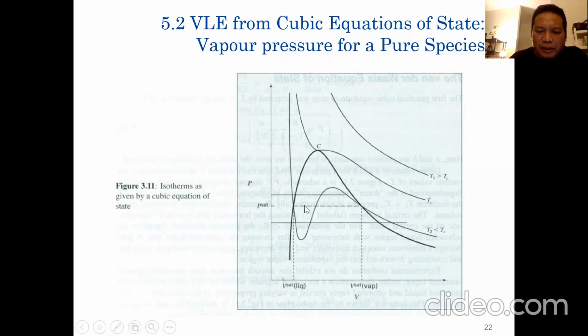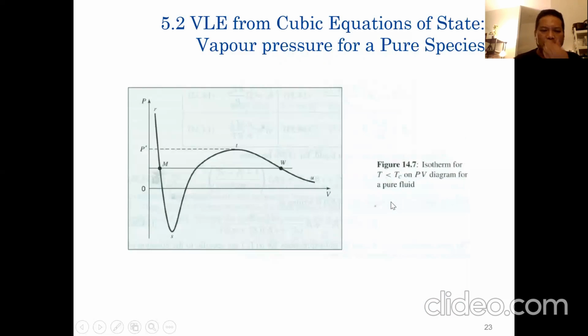If we increase the volume, we will see that the pressure drops significantly until a certain volume, then the pressure increases again, and then it drops again until it reaches the saturated pressure line. In our thermo one, we assumed this to be a straight line.